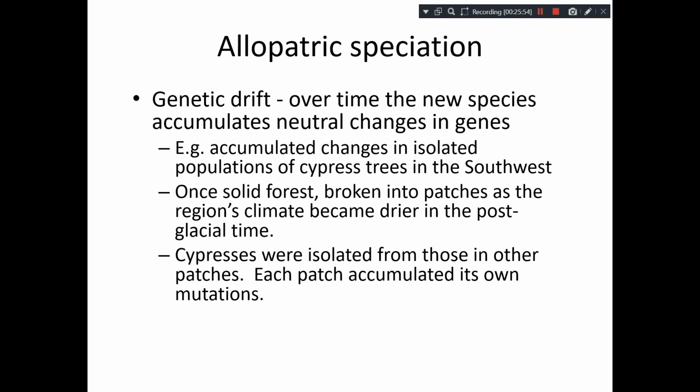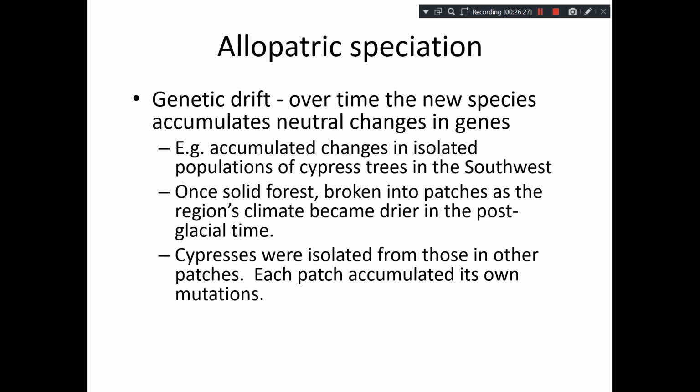One is the change in the climatic condition. Climate has become drier and drier in the post-glacial period. Instead of a continuous population, the once very solid forest has been broken into a number of patches. Many of the cypress trees were isolated from those in the other patches.